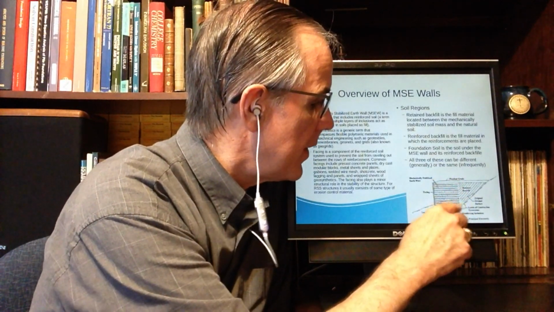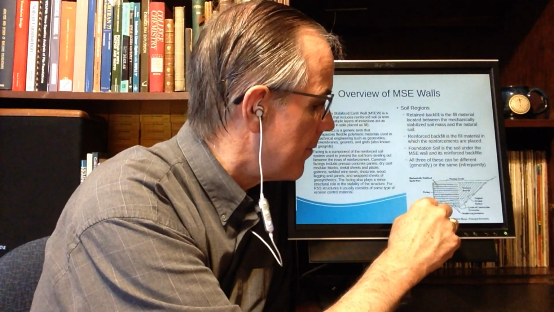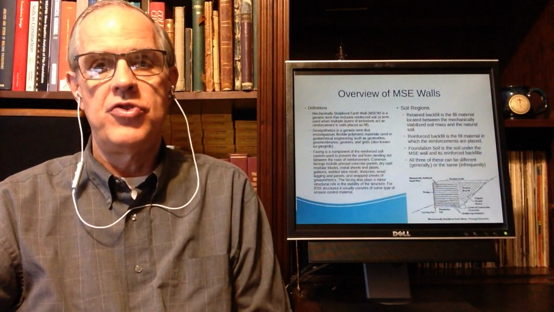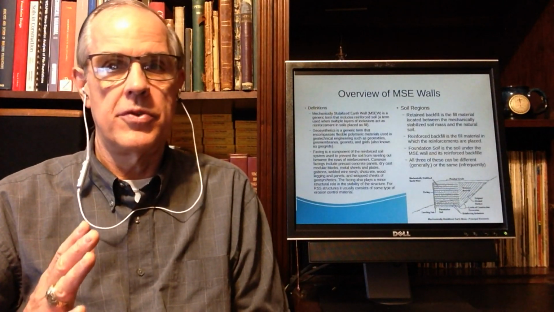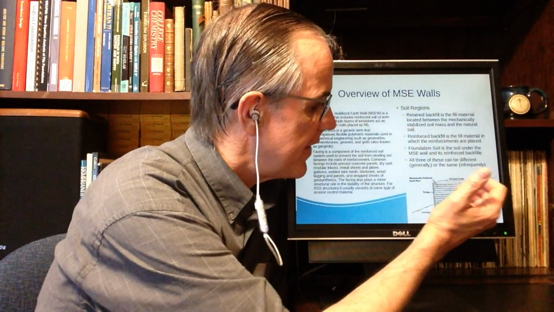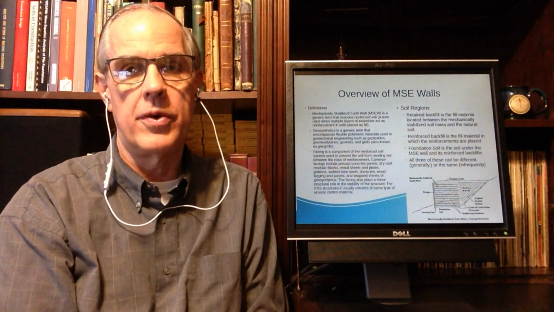Behind this reinforced backfill is called the retained backfill. The retained backfill is generally the soil which is directly behind it that actually pushes against the reinforced backfill this way, and that becomes important for when we talk about overturning and sliding.